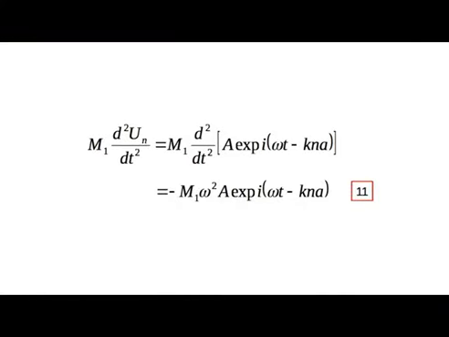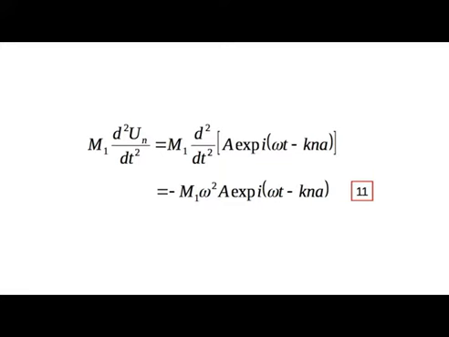Now, if we substitute the expression 10a into the expression 9a, which is the force equation, right. So, the expression for UN is being introduced into the force equation, M1 d squared UN by dt squared equal to M1 d squared by dt squared A exponential i into omega t minus k n a.